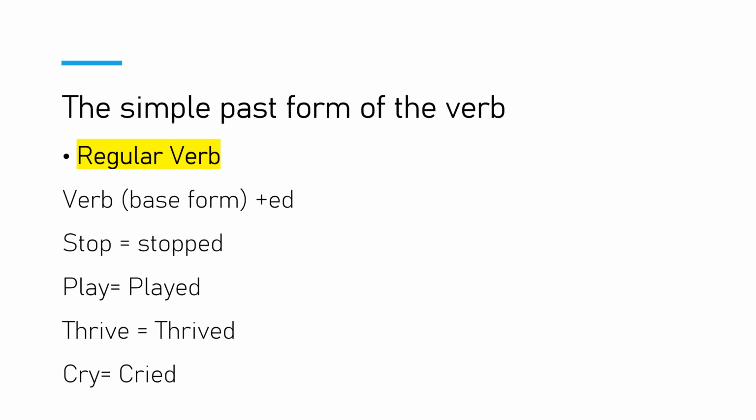Here we have a formula: verb plus ed or d or ied. For example, stop. Stopped. We added ed, but we also added an additional p. So we are going to learn when we have to double the last consonant. Play.